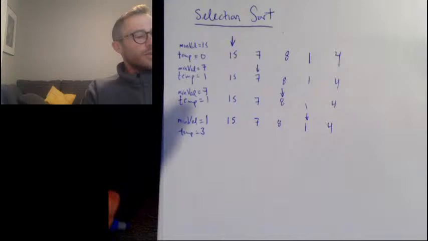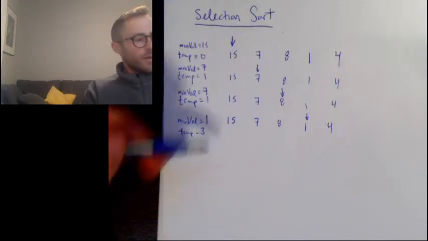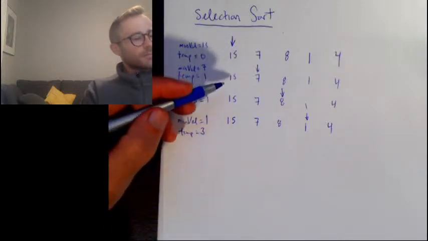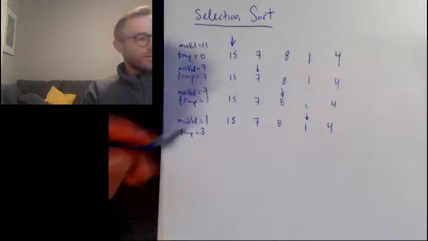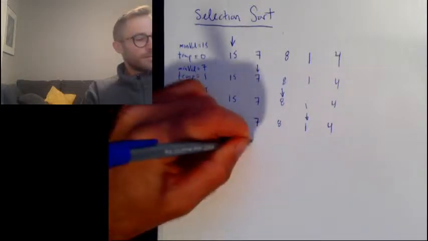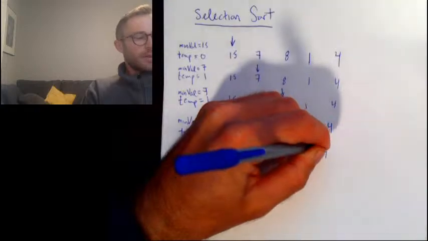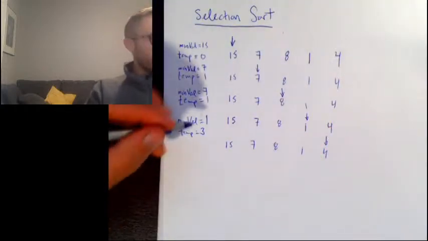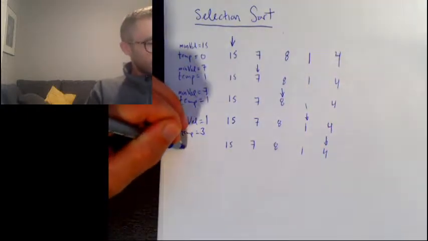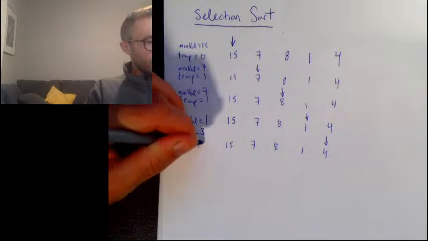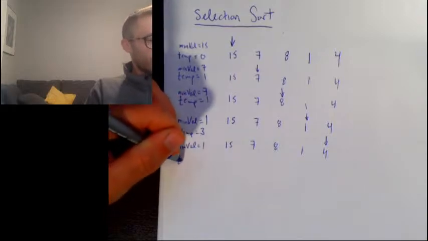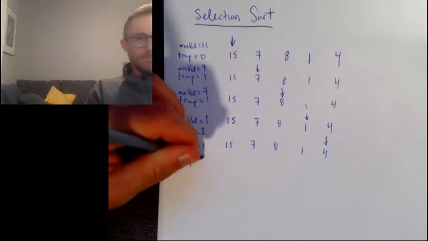Okay, so now I bring my attention to the 4. And 4 is greater than 1, so my minimum value is 1, and it occurs at index 3.